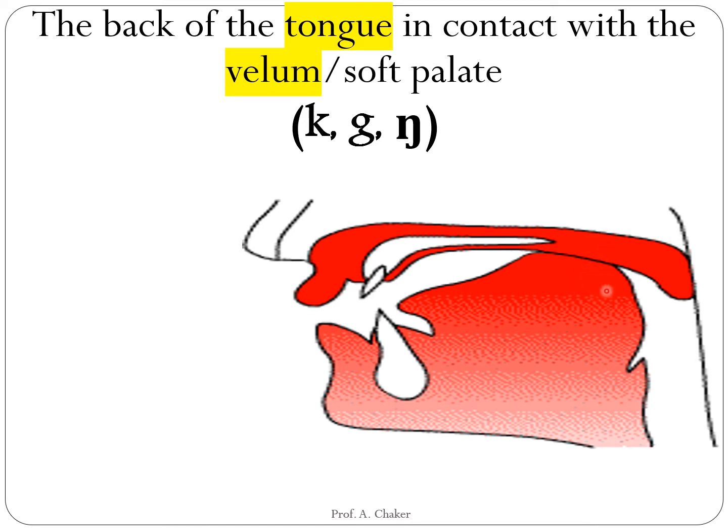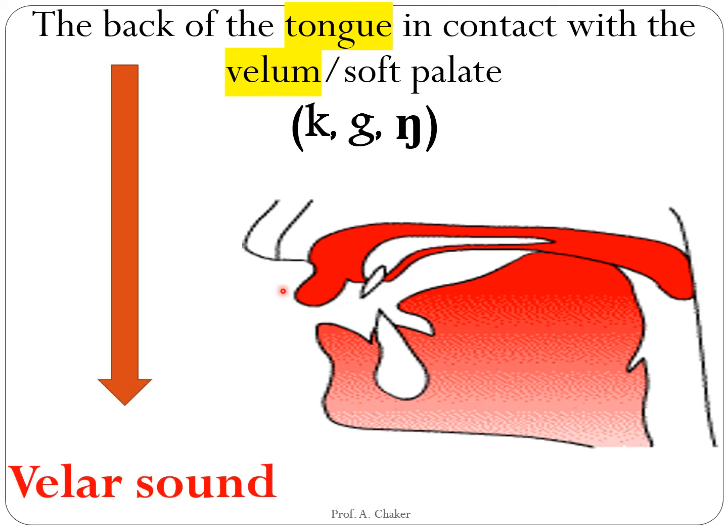So you notice that the back goes with the soft palate, the front goes with the hard palate, and then the tip can move in this area here. The teeth, the alveolar ridge. Sounds like these are called velar sounds. It comes from the velum. Velar sounds.